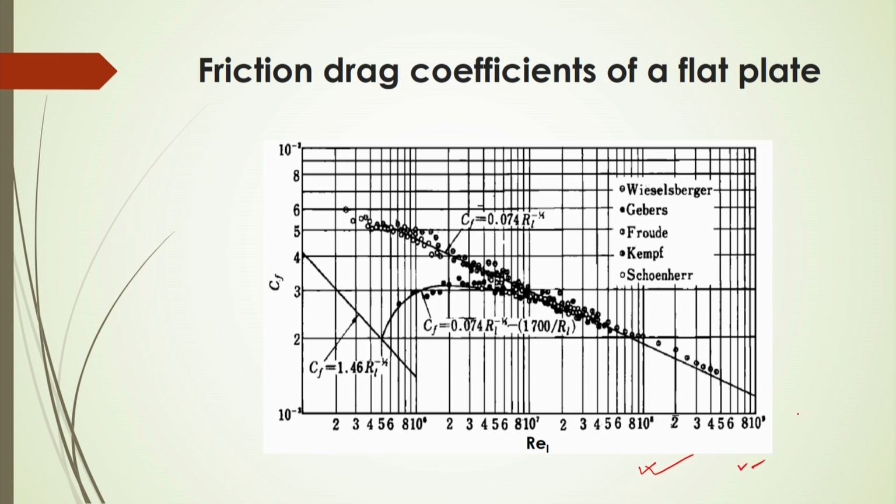You will see these are developed from experimental data obtained from different sources, published by different investigators, and based on the data these lines are produced as per the equation. Here the data gives the CF value like this, and this one is CF like this, and this is CF like this. So, several correlations were developed based on experimental data obtained by different investigators.